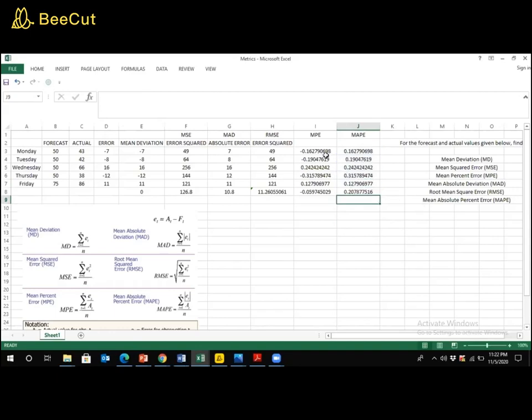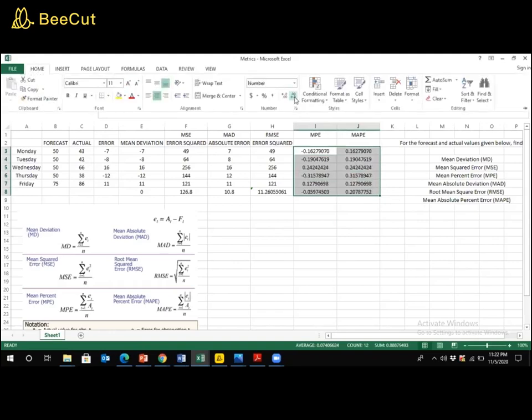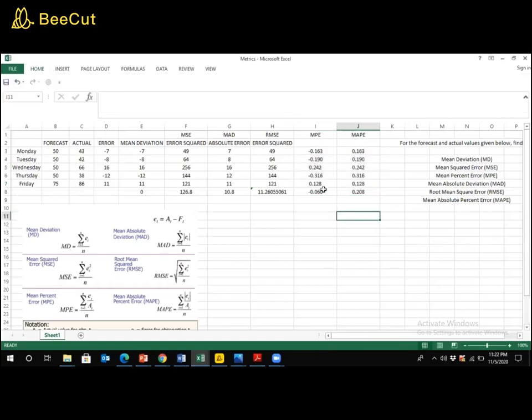Okay, and generally for these kinds of situations, you have to read what the question says, but sometimes it will say to 2 decimal places or to 3 decimal places. And so I'm going to make it 3 decimal places. For MAPE and MPE, the question may say give it in percentage.